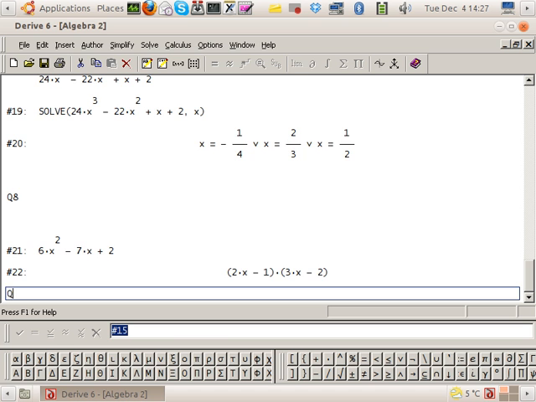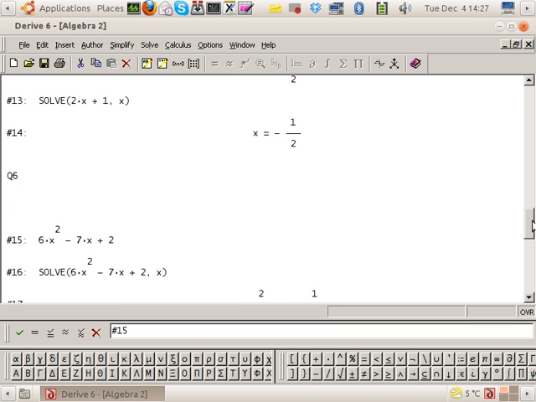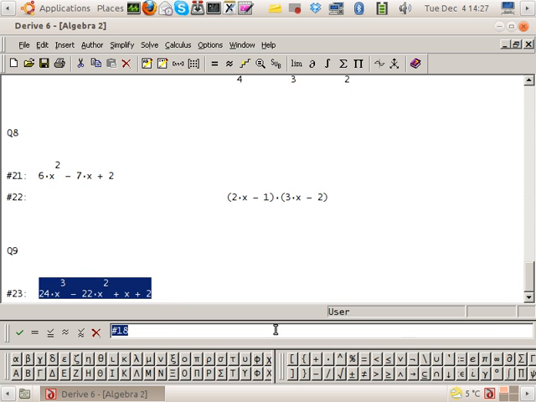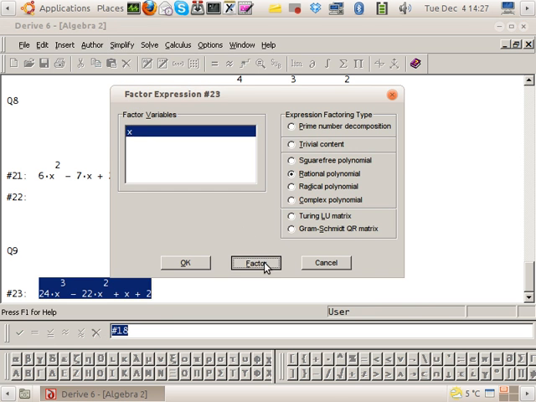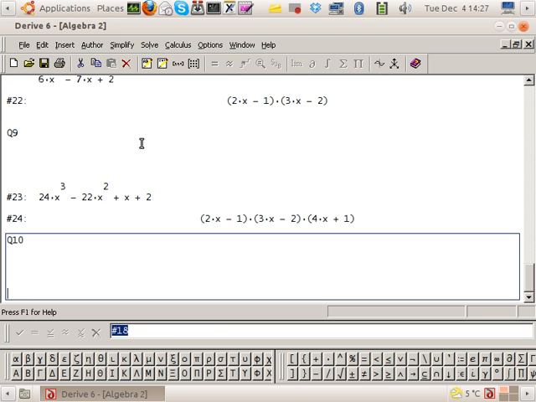Question 9 is actually the same as number 7, which was on line number 18. And again, simplify, factor, factor. Okay, last question. Question 10.